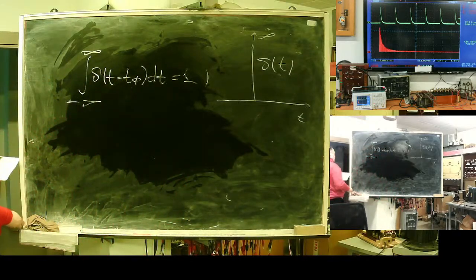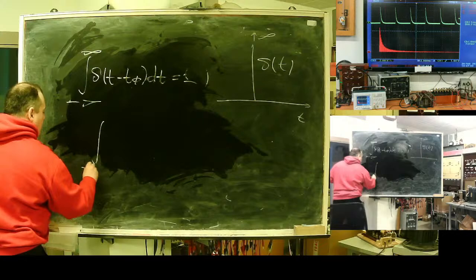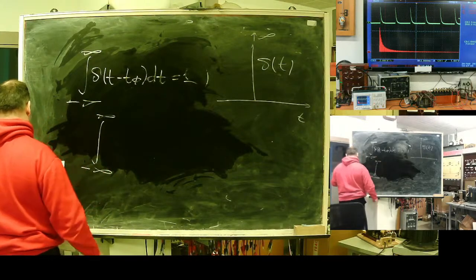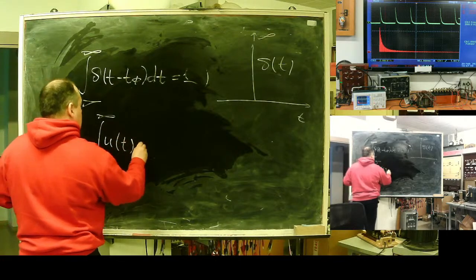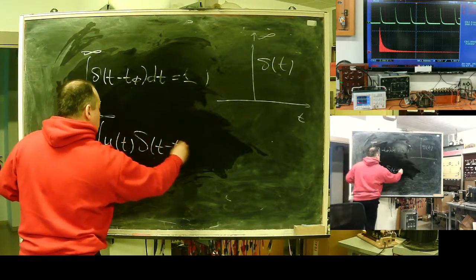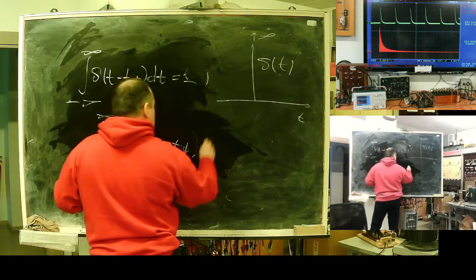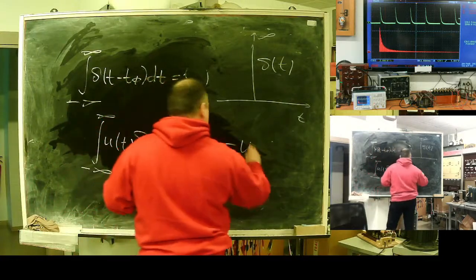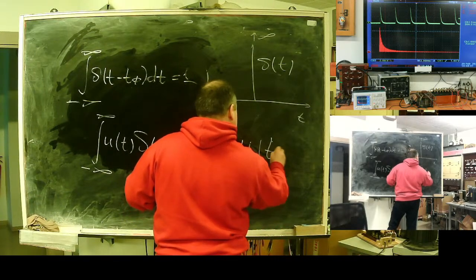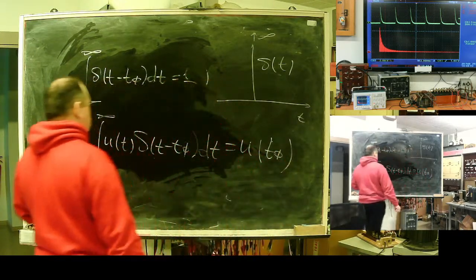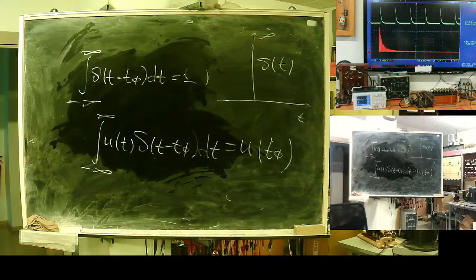And the integral from minus infinity to infinity of delta t minus t0 equals 1 at t0. What's this? Absolute sample.